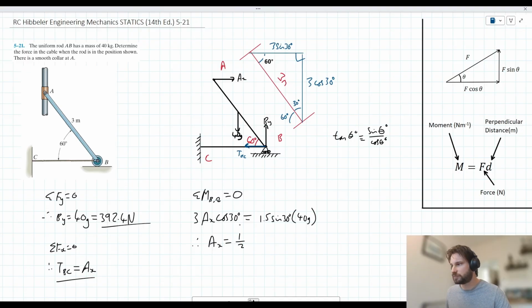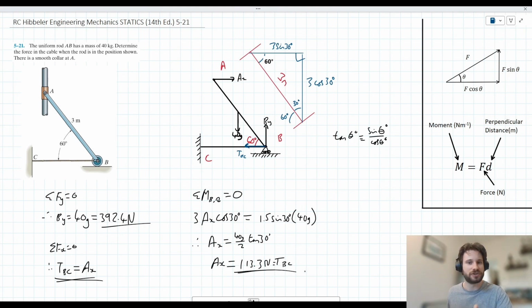So when we divide by cos 30 here, we could simplify that down to tan 30. And the 40g hasn't gone anywhere, so we could just put the 40g in our numerator here. And hopefully when you put that into your calculator, you should obtain a value of 113.3 newtons. So that's our value for AX technically, but we note that AX is equal to TBC, so we could just make that extra clear here, and that is the solution to our problem.